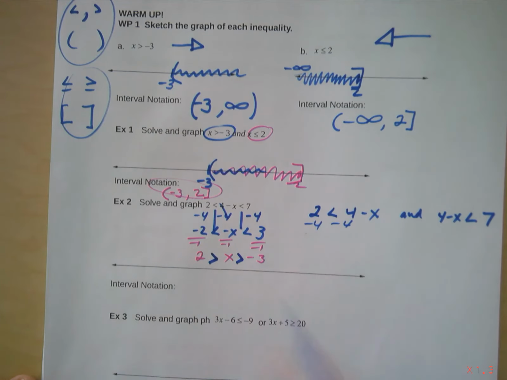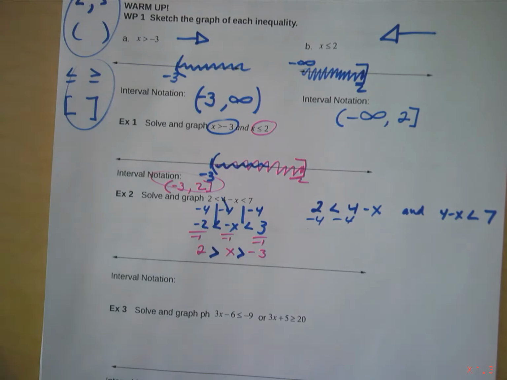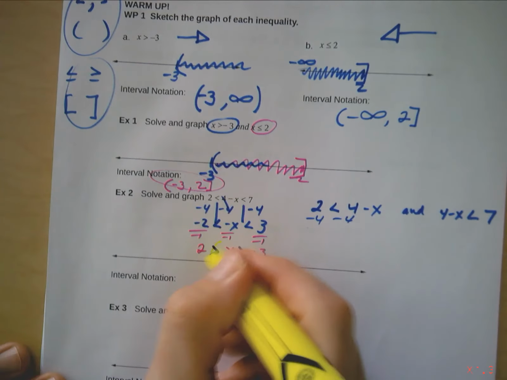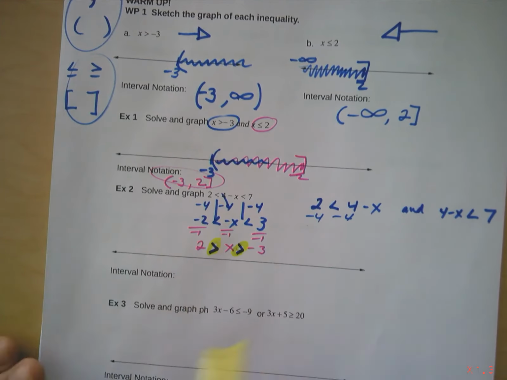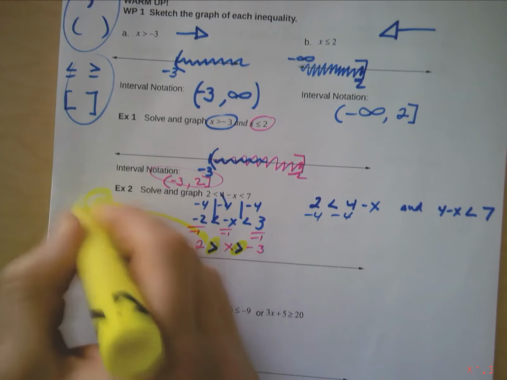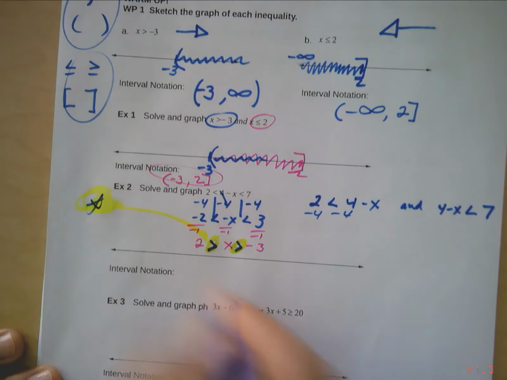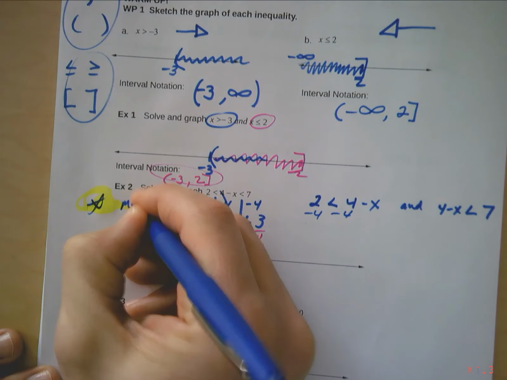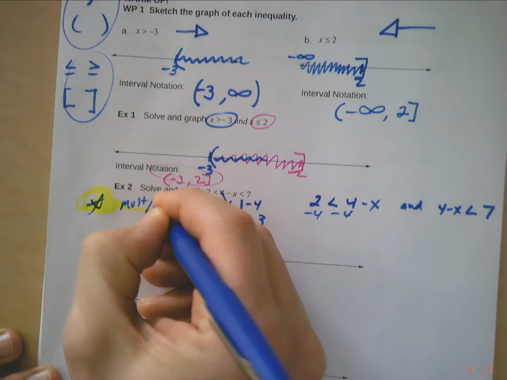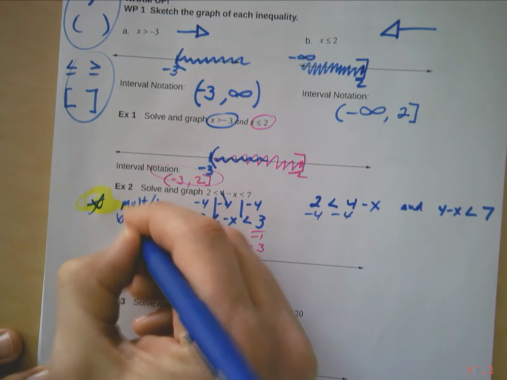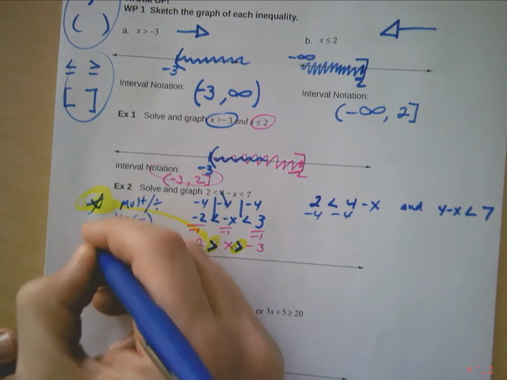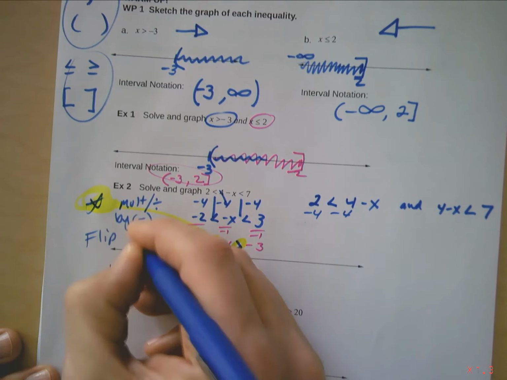We have to flip our signs. I'm going to highlight this idea here. We'll star up here: anytime you multiply or divide by a negative, we have to flip our signs.